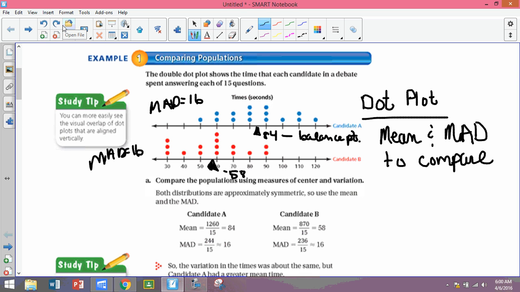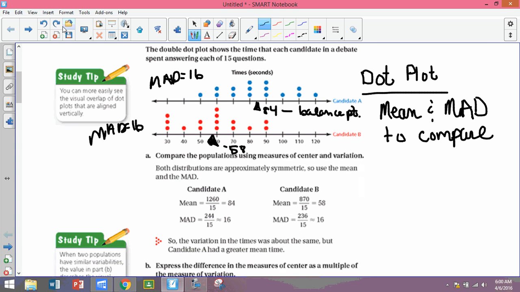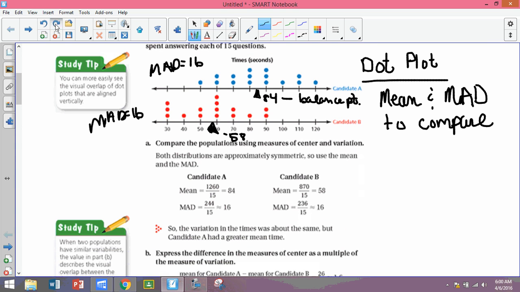Okay, so using that data, you need to go back to the context of the problem, the time it takes for a candidate to answer a question, and you need to draw a conclusion or write a sentence about that, backing it up with your data. So in this situation, I would say that the variation in the times was about the same, but candidate A has a greater mean time, right?